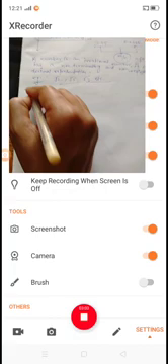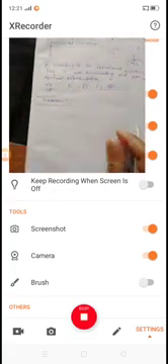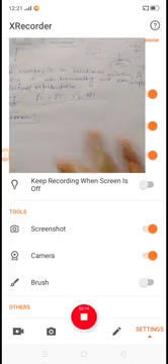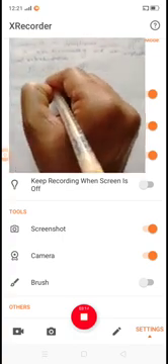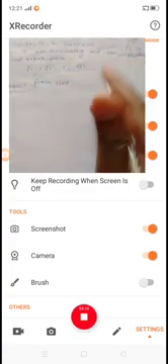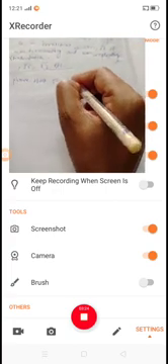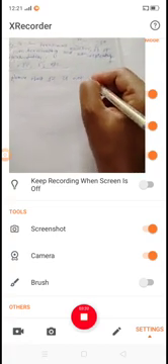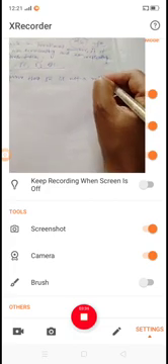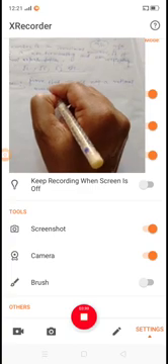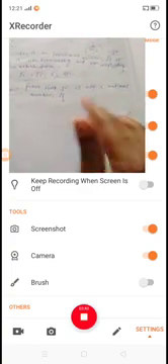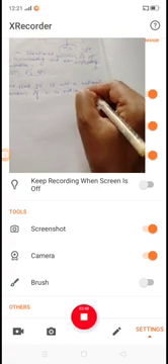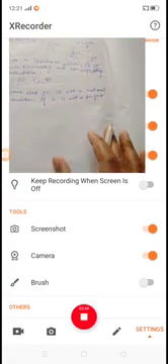Now we discuss a theorem. The theorem is: prove that root n is not a rational number if n is not a perfect square.